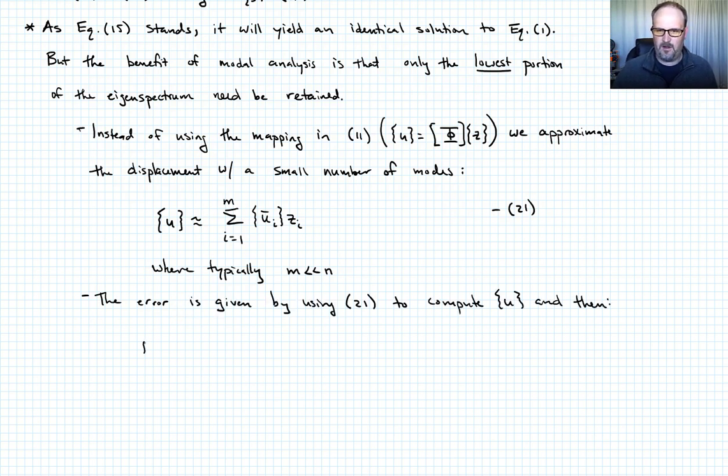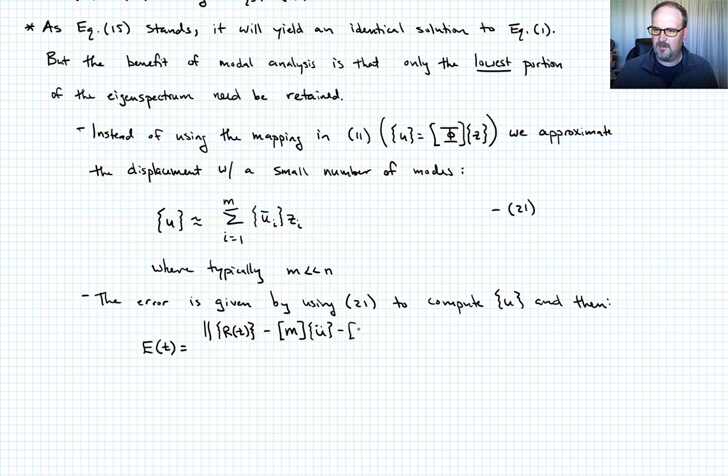So we would say the error, which is going to be a function of time, is going to be equal to the norm, however you want to define the norm, of r of t, right, that force vector, the reaction force vector, minus M times u double dot, and u double dot is as computed above, except, of course, if we were computing u double dot, we'd have a z double dot term there, right?